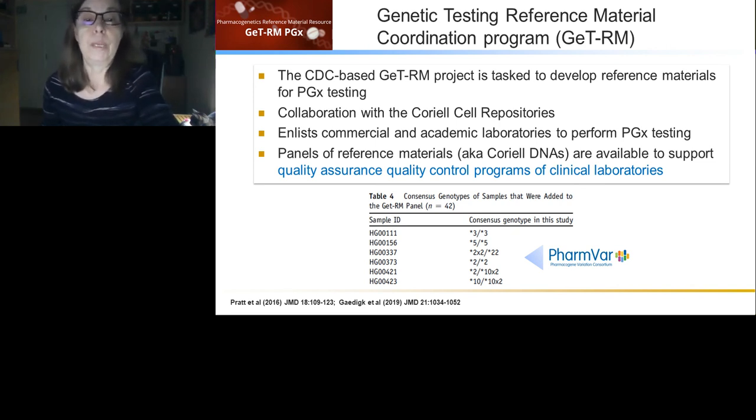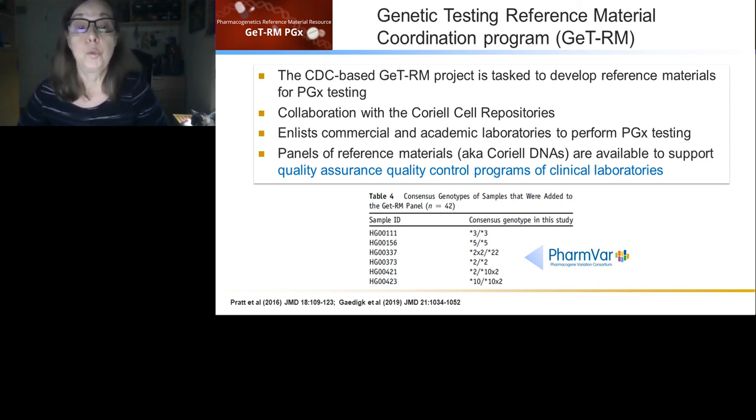They collaborate with the Coriell repositories because these DNAs are widely available, and these groups enlist commercial and academic laboratories to perform PGx testing. Each sample is tested by multiple platforms by different groups to come up with a consensus genotype.